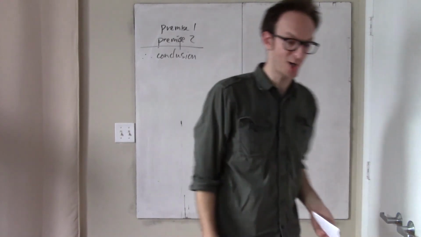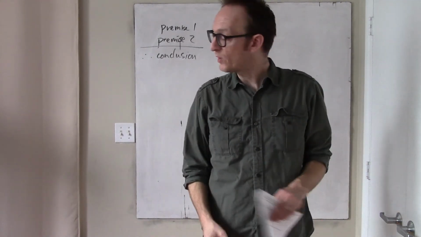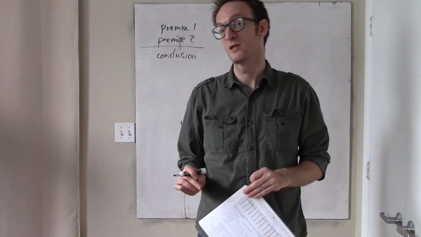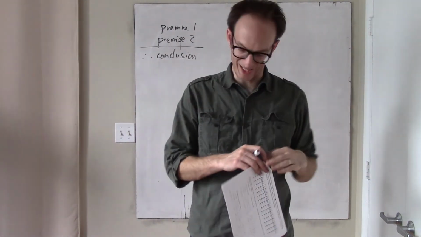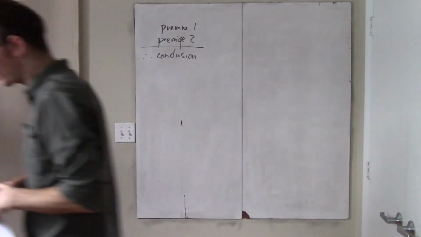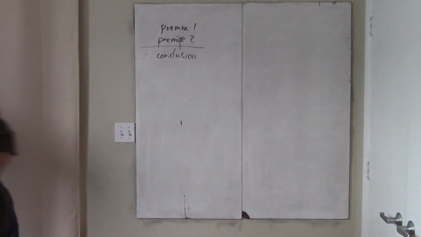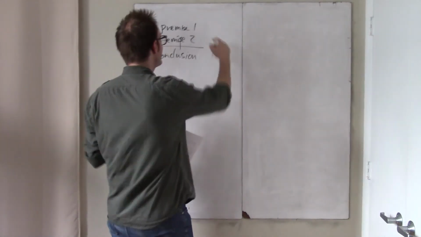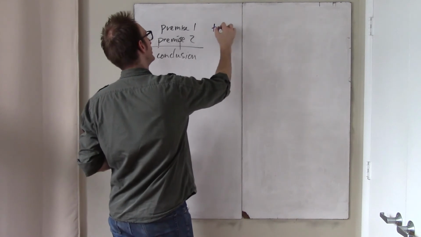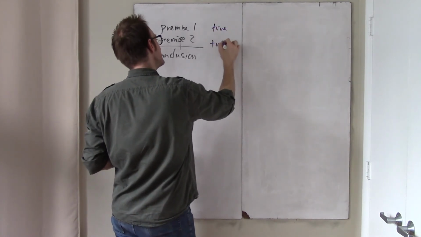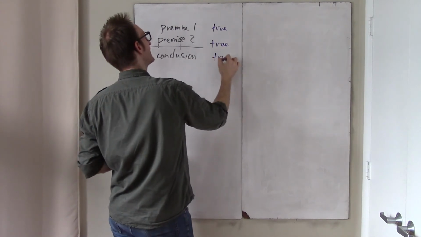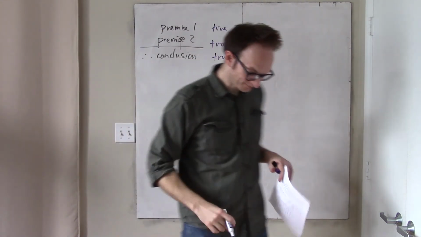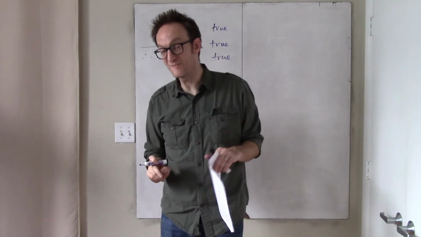Okay, what makes an argument a good argument? Well, a good argument is one you can follow and it will lead you to the correct places. A good argument is one you can trust. In particular, if premise 1 is true, and if premise 2 is true, then we would like our conclusion to be true also. And that's just what a valid argument is.